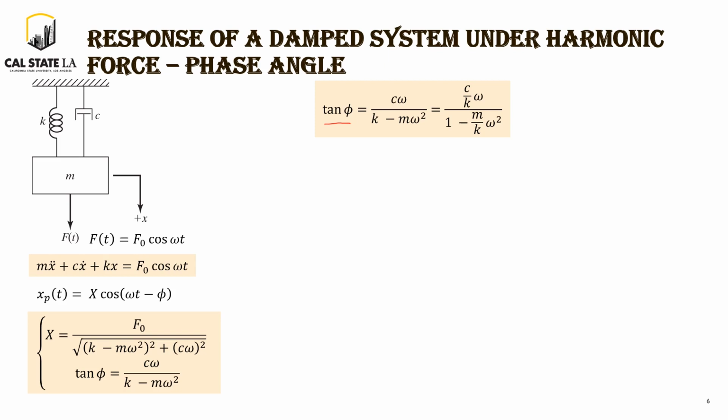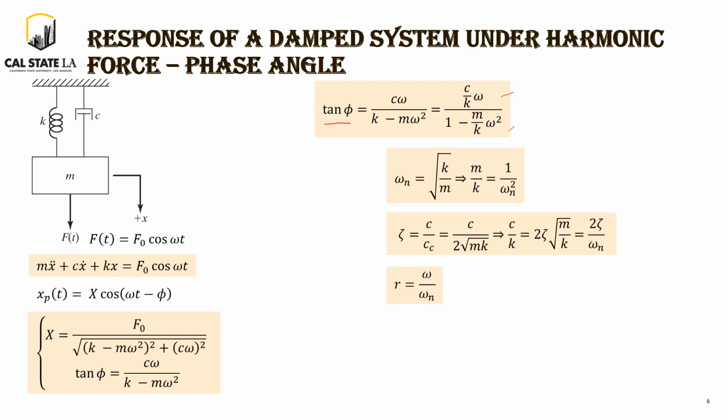So the first step, we're going to divide by k on both the numerator and the denominator. The numerator becomes c over k times omega. The denominator becomes 1 minus m over k times omega squared.